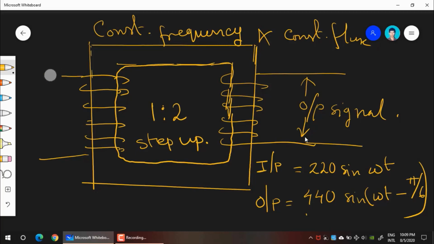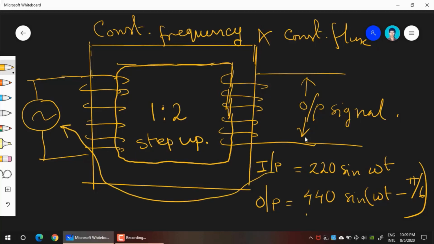Suppose you have a source over here, say 220 sin omega t, and obviously you can't connect a transformer permanently with a source.